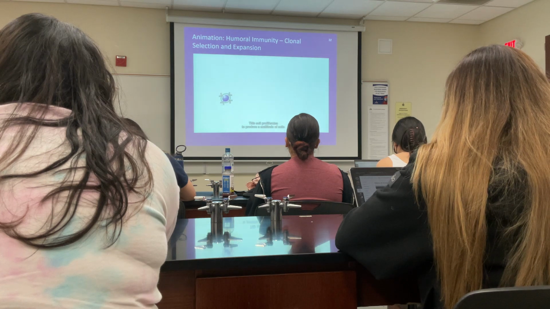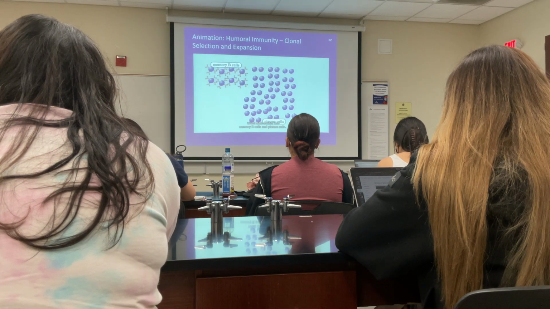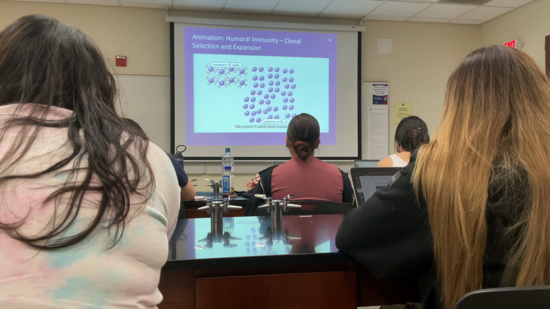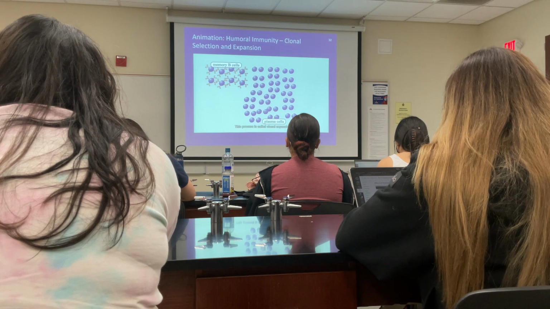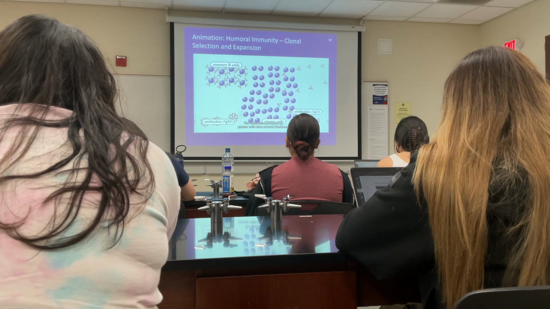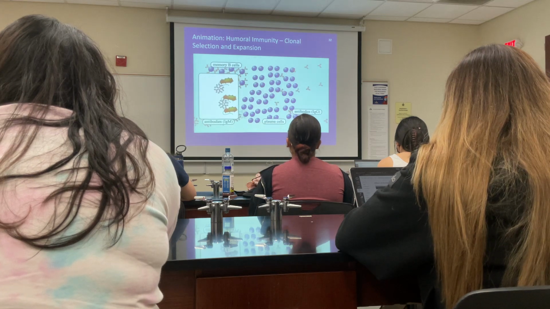This cell proliferates to produce a multitude of cells, also called a clone of cells, with the same specificity, which differentiate into memory B cells and plasma cells. This process is called clonal expansion. The antibodies produced by the plasma cells bind to antigens to produce the humoral response.